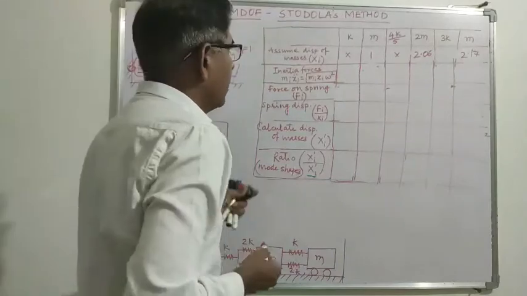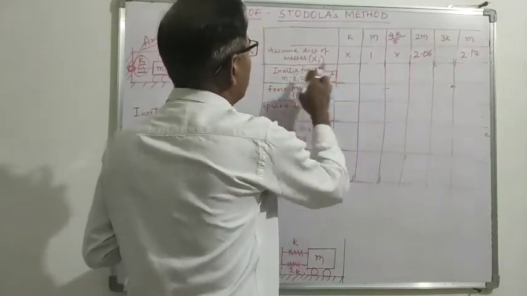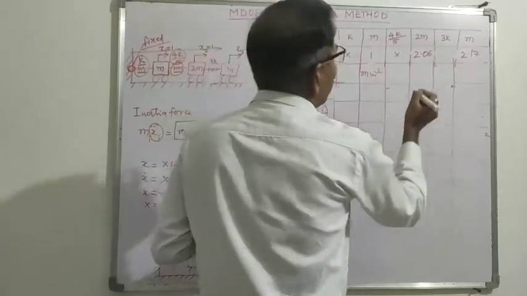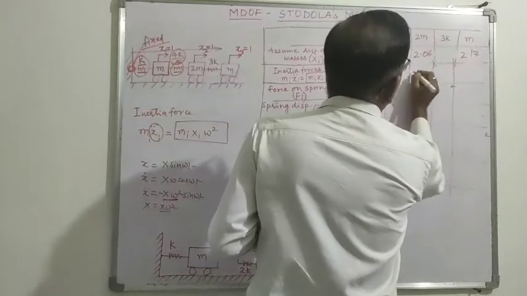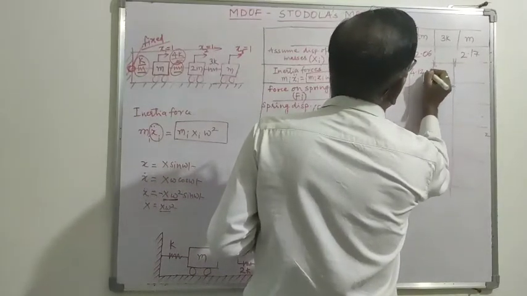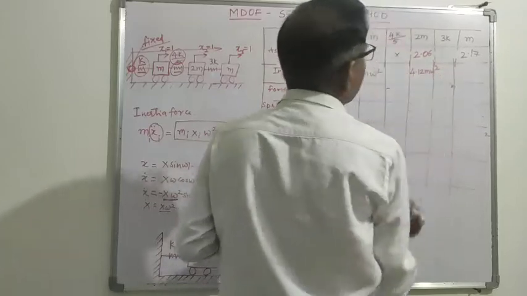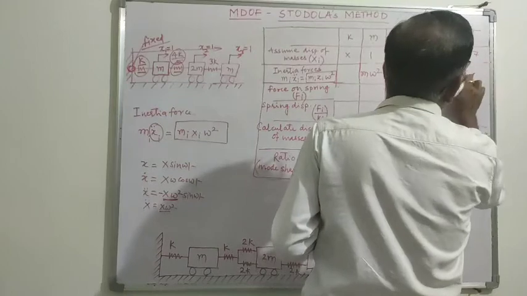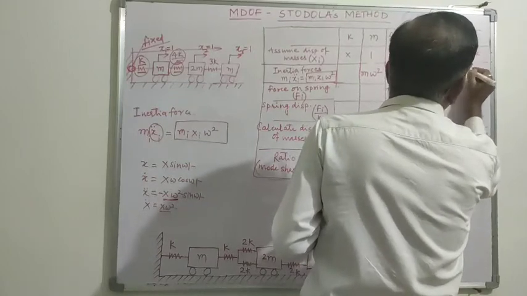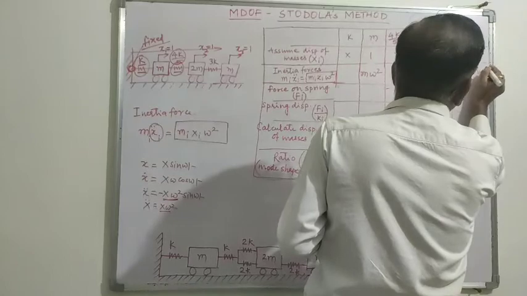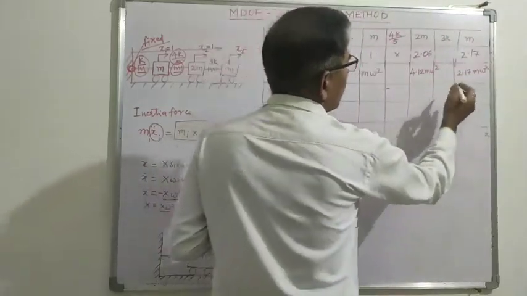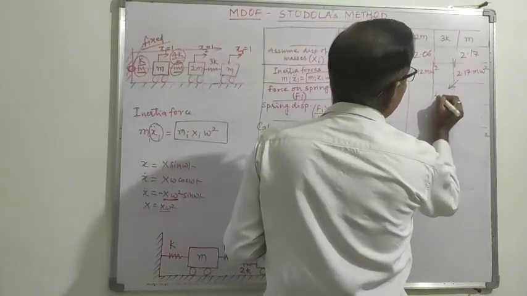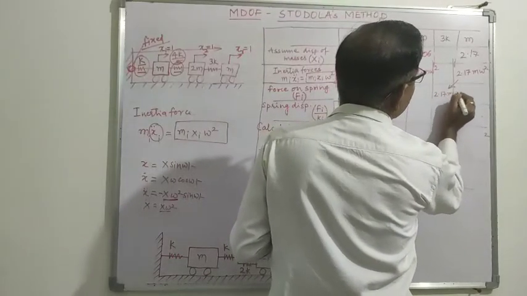What will be the inertia forces? It will be m omega square. This will be 4.12 m omega square, and this will be 2.17 m omega square. Now we will write down these values. This as it is, 2.17 m omega square.